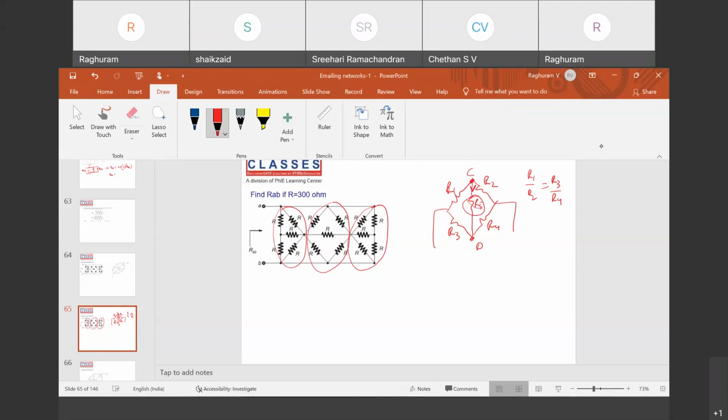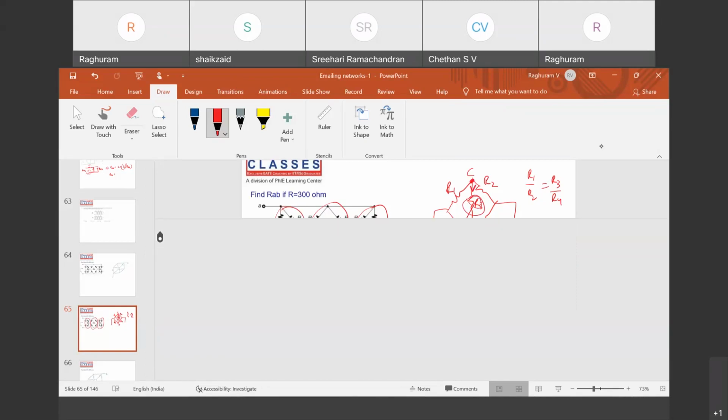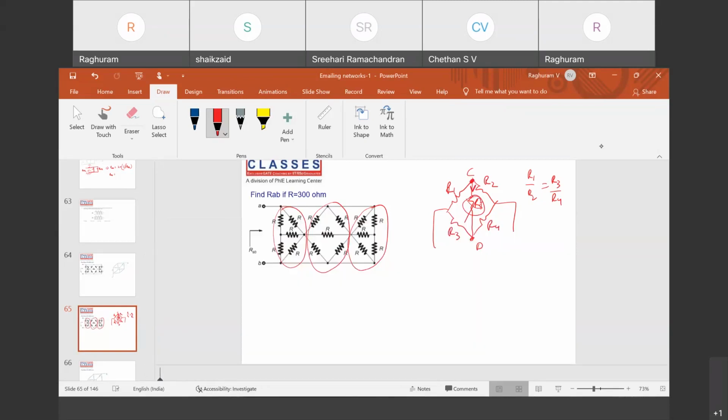So you can literally open this. You can open the resistance R5, or what else can you do with R5? When there is no current flowing through this, it's an open circuit. Short circuit also, yes.